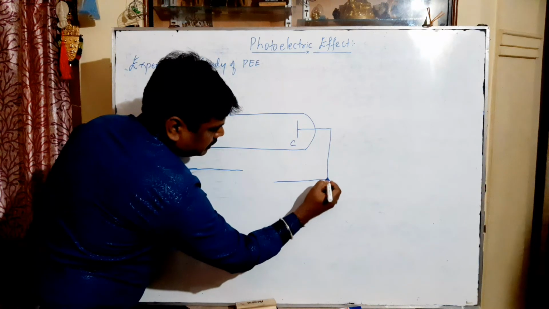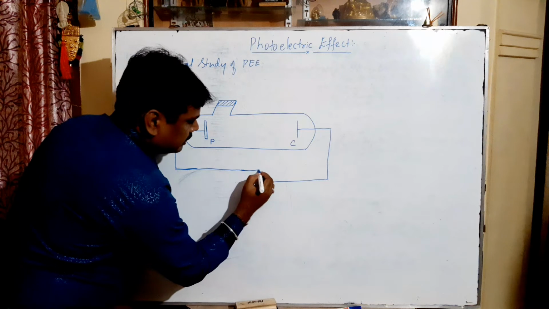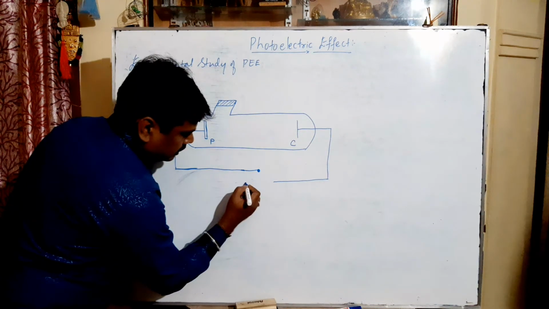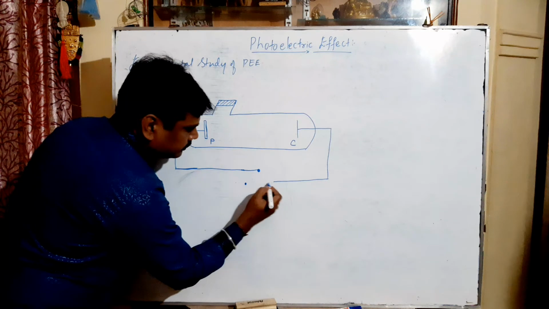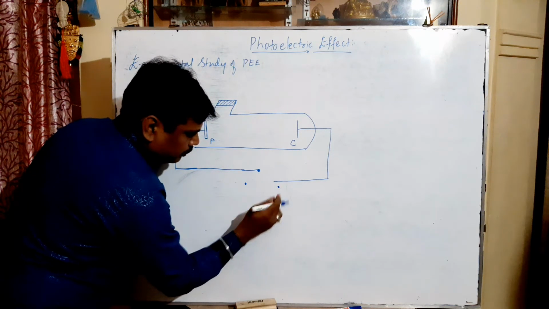These are the electrical connections. One end is connected to a terminal like this, and this is the other end. Let us take the four terminal points here.